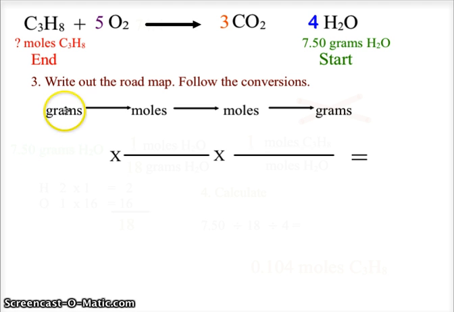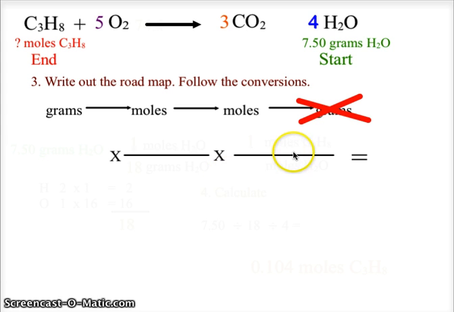So once again, we lay out our roadmap for stoichiometry: grams to moles, moles to moles, and moles to grams. And again, we are starting with grams and ending with moles, so we will not need this last step, conversion factor to grams. We're simply going to go grams to moles, moles to moles.